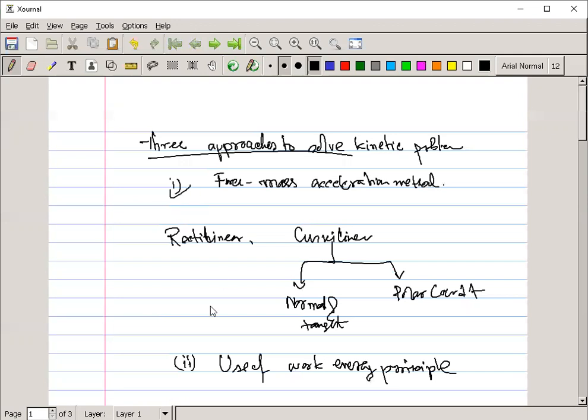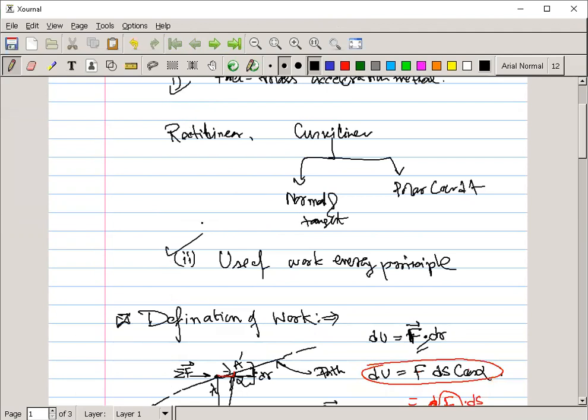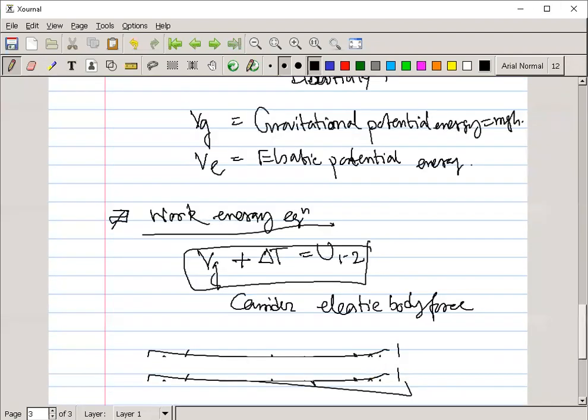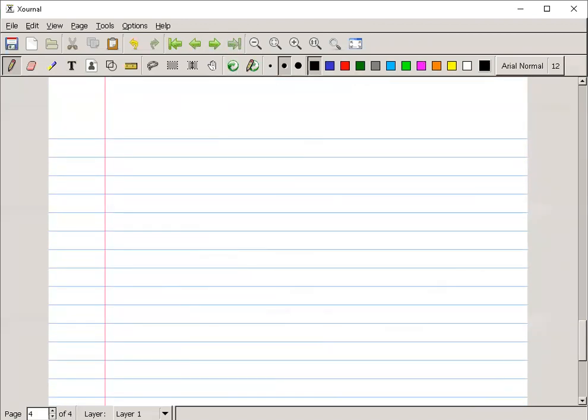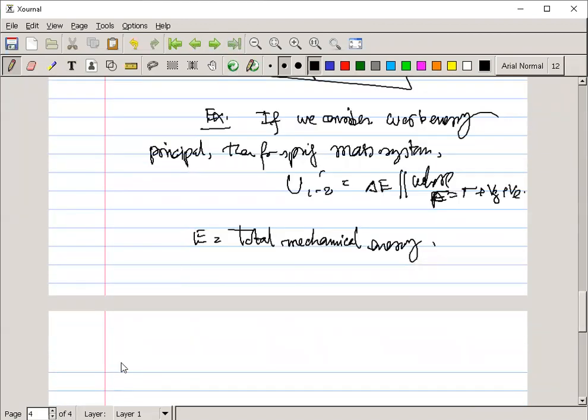Okay. Now if you remember, there are three methods I am talking about. The first one is force and mass, the second one is the use of the work energy principle, and the third one, which I have not written, is the impulse and momentum method. So what is the meaning of the impulse and momentum method?